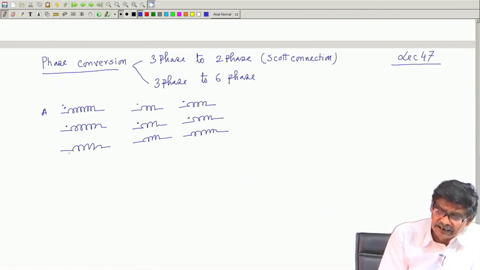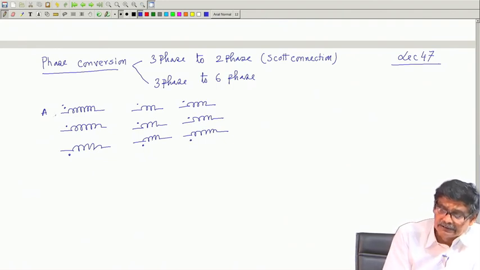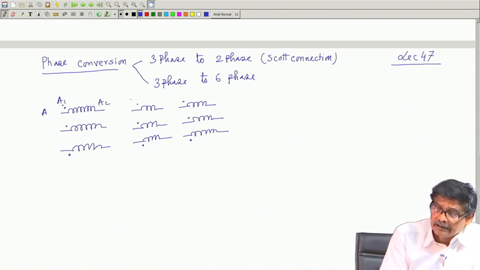Every time I am drawing dots so that you also see their importance, it is necessary to put the dots. A1, A2, and then A3, A4, and these 2 coils are identical.